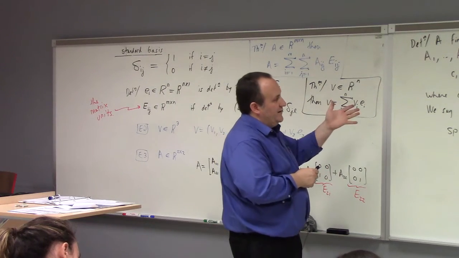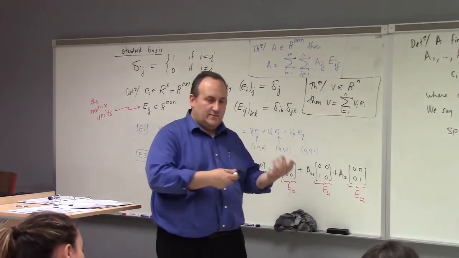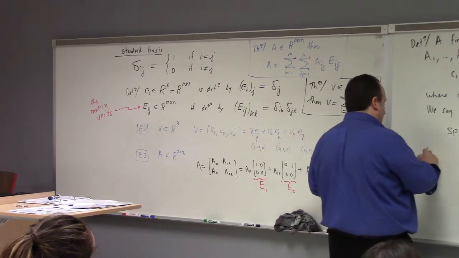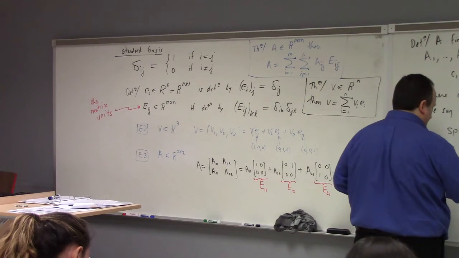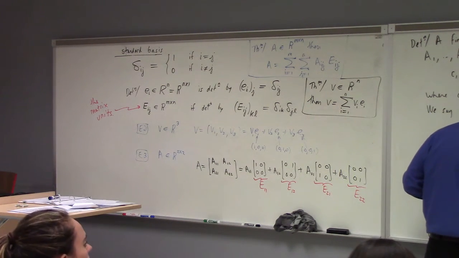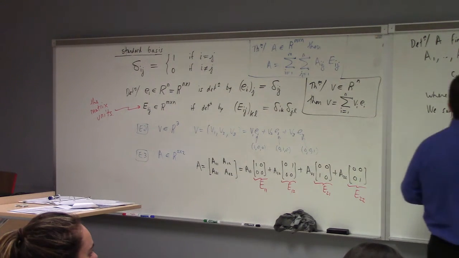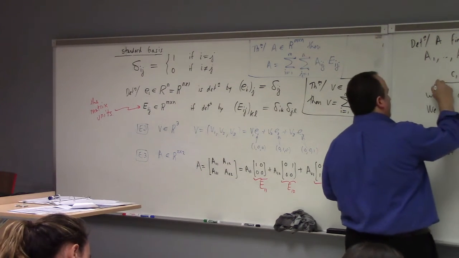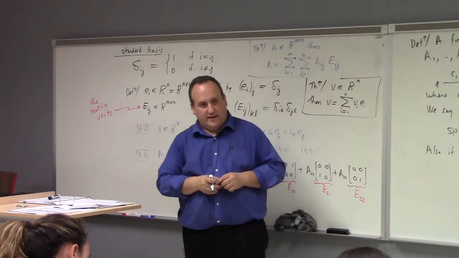Now there's one thing I left out on the board. The other important thing is if all of the constants are 0, it's called what? If all the constants are 0, we have the trivial combination.